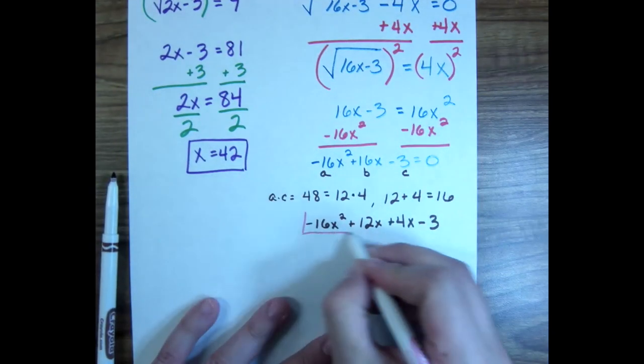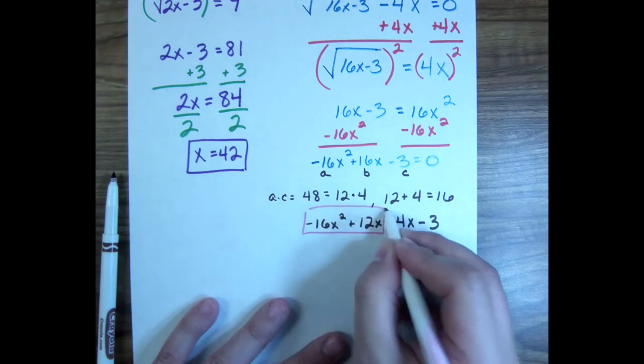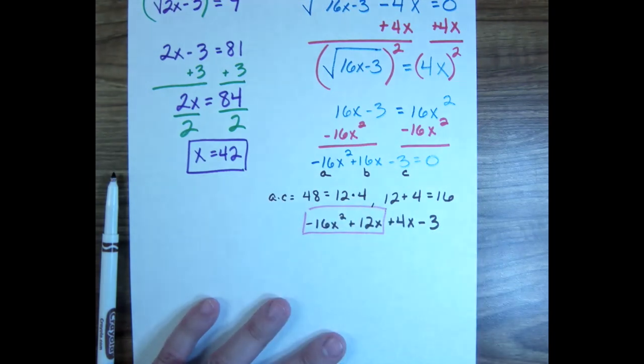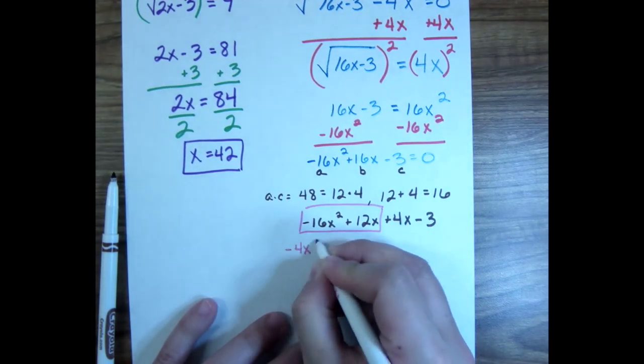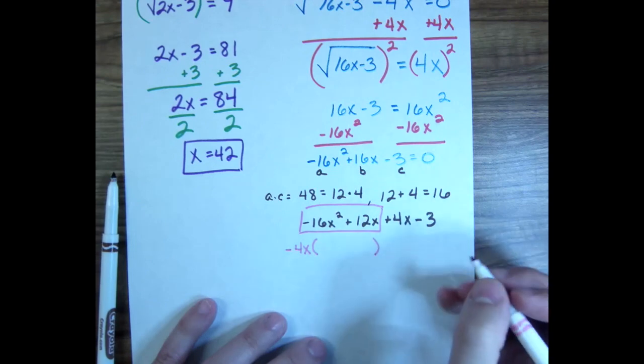So look at these two. What's the greatest common factor of negative 16x squared plus 12x? 4x, but remember if it starts with a negative, we factor out a negative. So negative 4x, leaving us with?